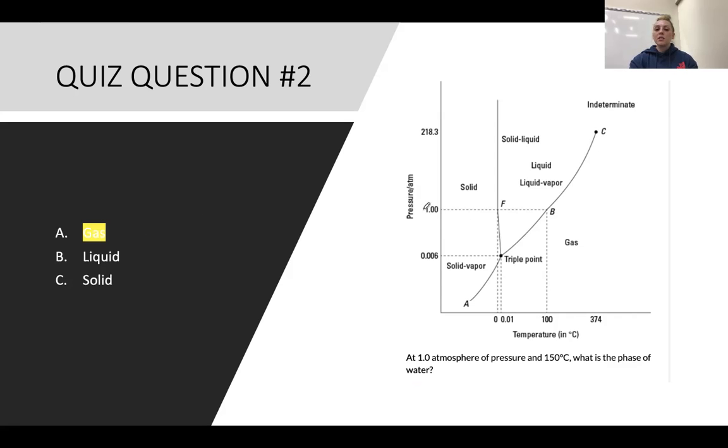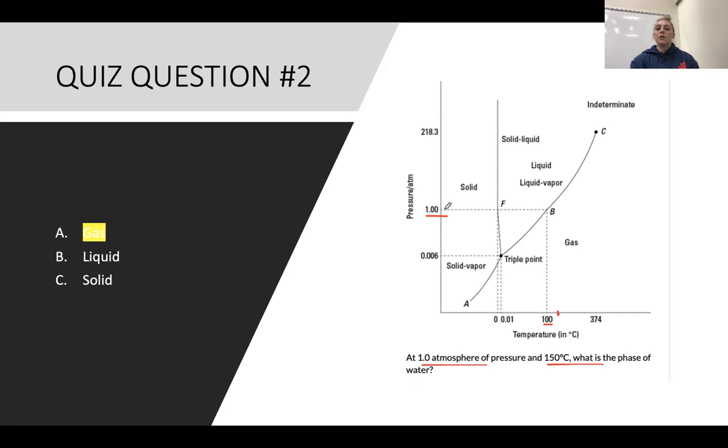And the way to do this is you find, okay, so I have 1 atmosphere of pressure and 150 degrees Celsius. So I'm going to go up here and find 1 atmosphere of pressure. 150 degrees Celsius is not labeled, but you don't really need it because you can see, okay, this is 100, so it's probably somewhere like right here. I don't know, just eyeball it.